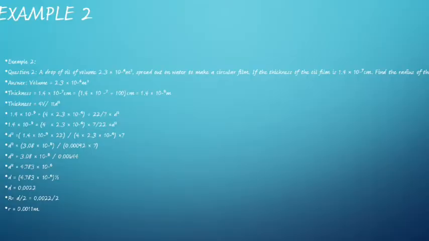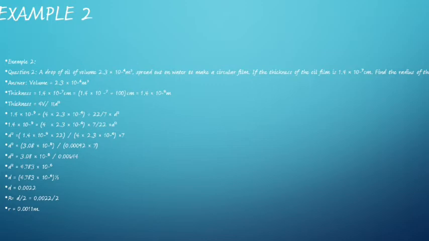Example 2, we have a drop of oil of volume 2.3 times 10 raised to power minus 4 meter cube spread out on water to make a circular film. If the thickness of the oil is 1.4 times 10 raised to power minus 7 centimeter, find the radius of the oil film. Solution.